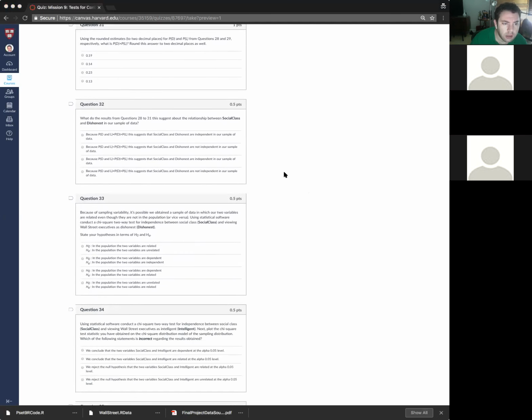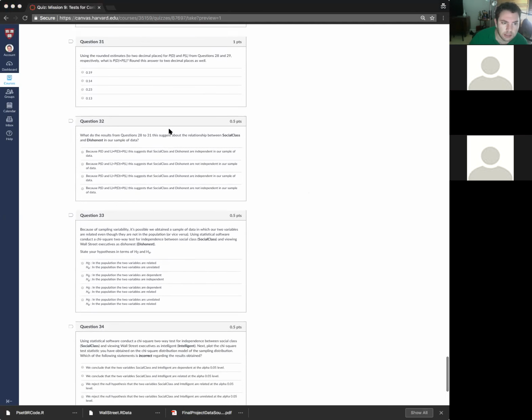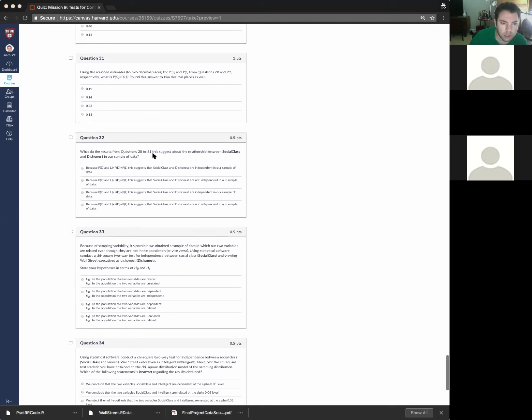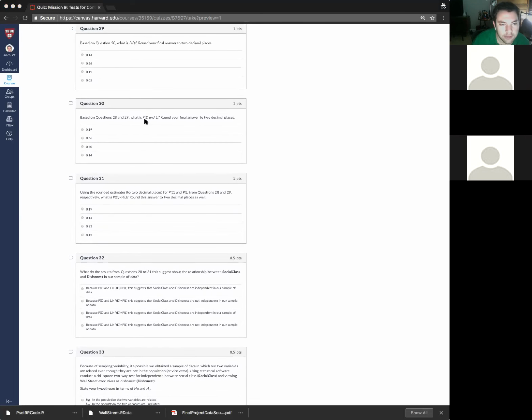And then the next question is asking, what do the results of questions 28 to 31 suggest about the relationship between social class and dishonesty in our sample data? The answers here are asking whether it shows that they're dependent or independent. If you remember from the probability lecture, if the probability of D and L is equal to the probability of D times L, that means they are independent.